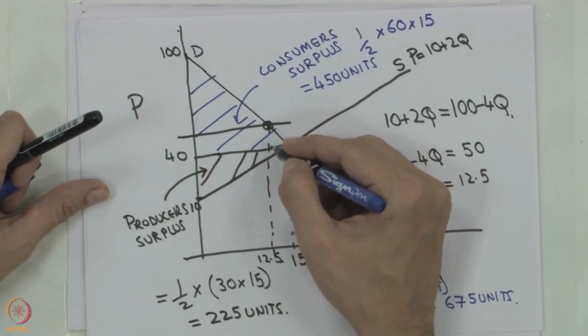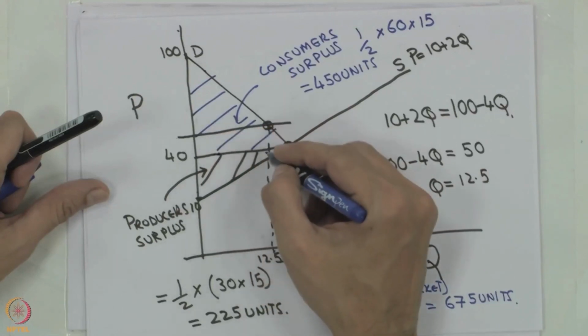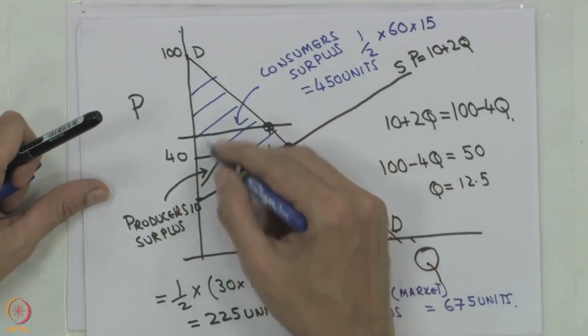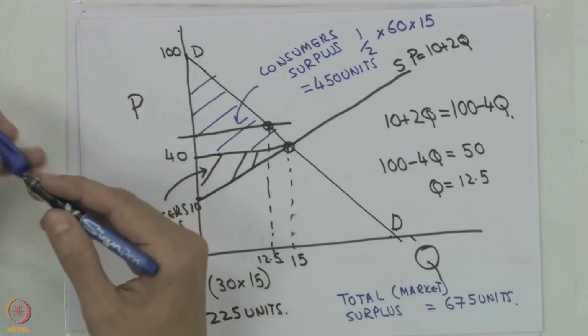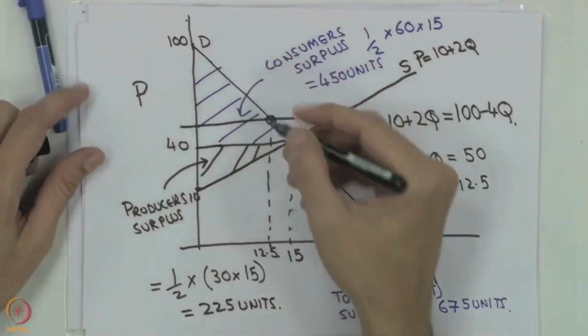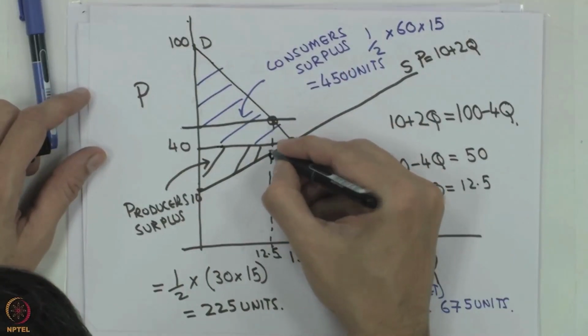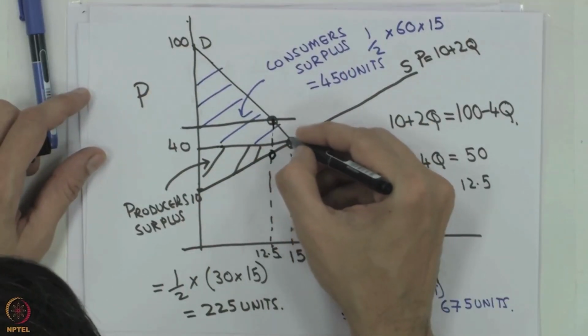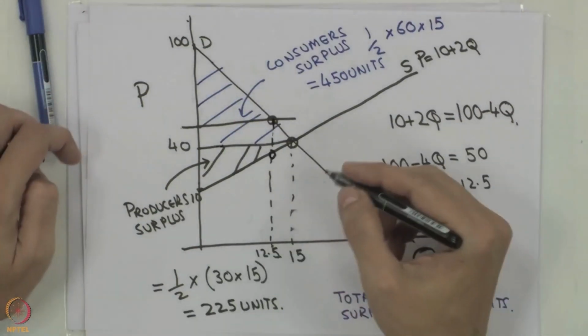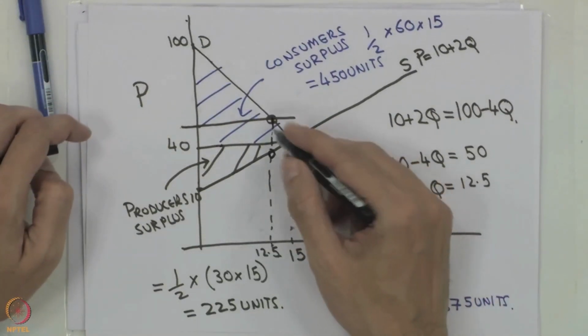If we fix this, then this area is increased while this is decreased. But as compared to the earlier case, this small triangle is the dead loss, and this is the inefficiency because of the price fixing.